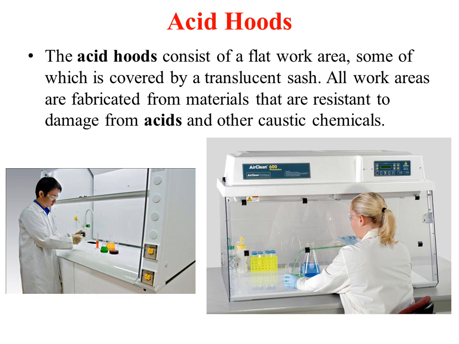The work area and materials are fabricated such that they are resistant to damage from acid and other caustic chemicals. The purpose is that people can safely work with acids, and even if there's a spillage, it won't cause much harm.